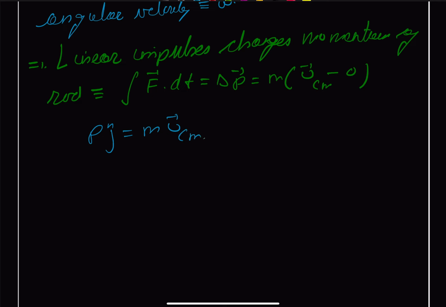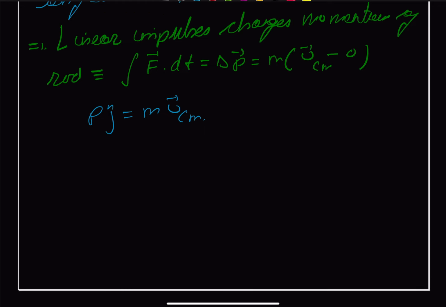And we know that our center of mass is at a distance 3L by 2 from O, because the rotation, we have to remember, is with respect to the origin.